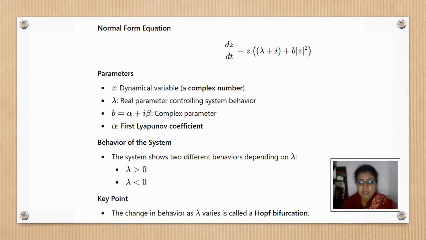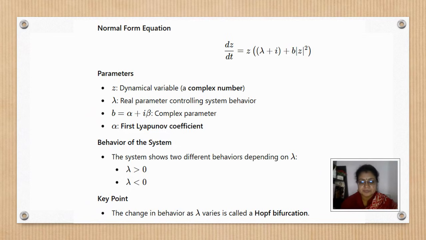So how can we solve this equation, and how are we going to explain this periodic oscillation, the limit cycle evolution, and how it is going to happen?